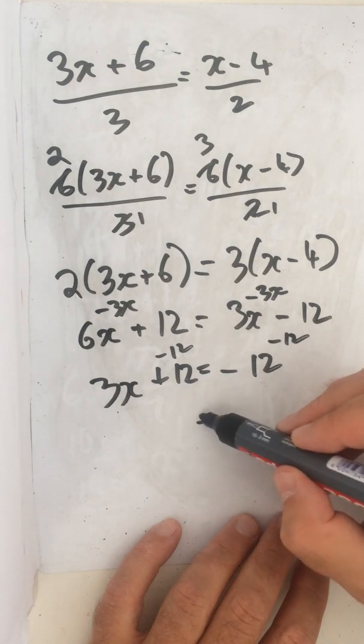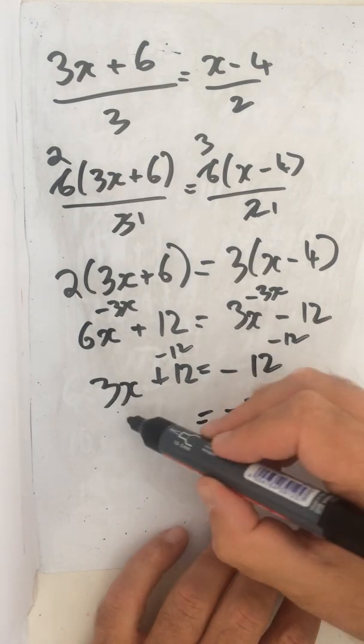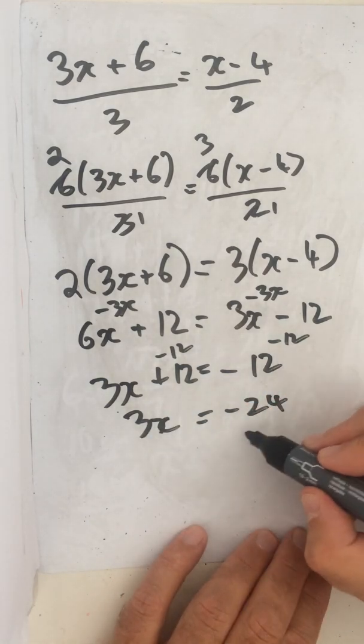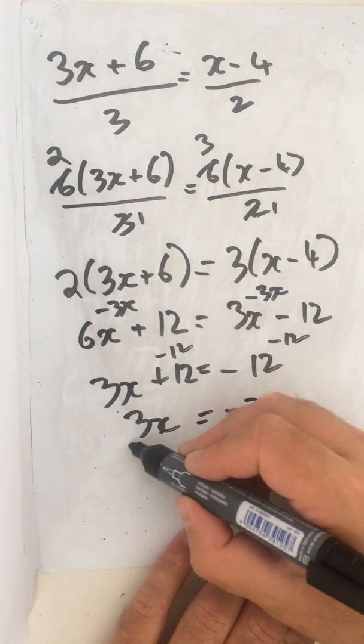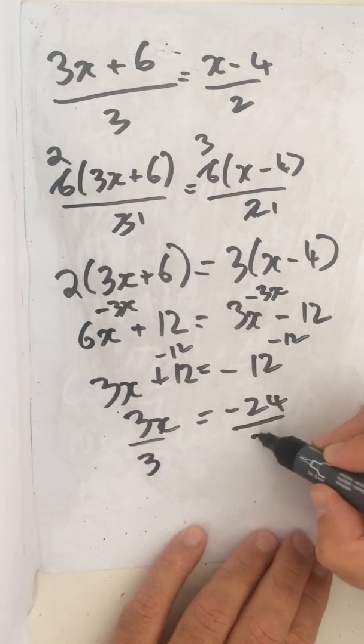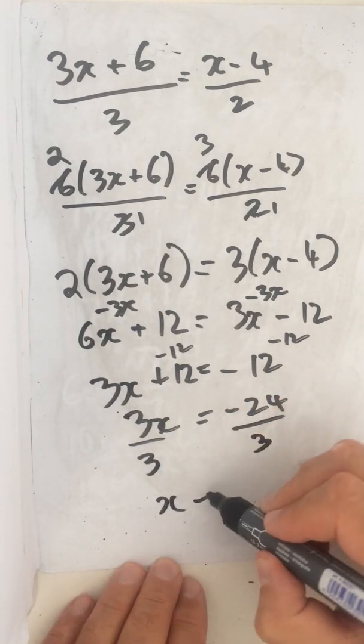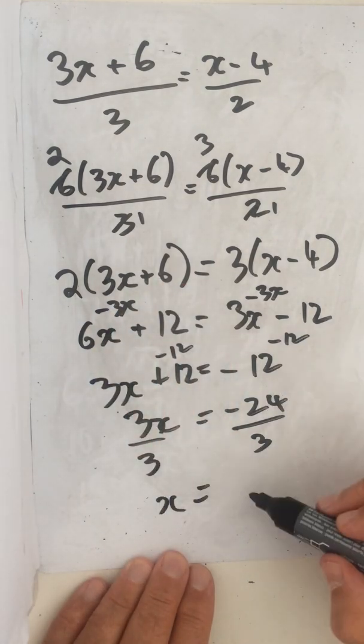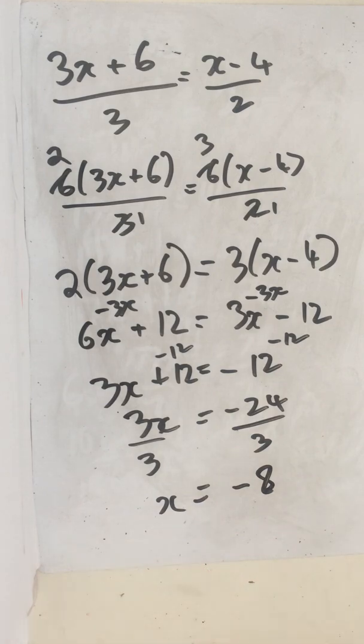So I've got minus 24. So now 3x is equal to minus 24. From here, I'm going to divide by 3, so that leaves me with x on this side. How many 3's are in minus 24? Minus 8. So the value of x is minus 8.